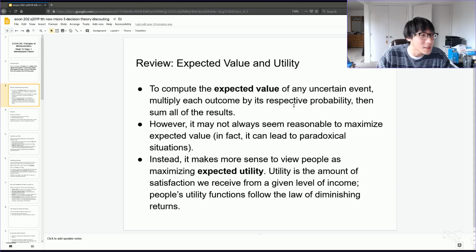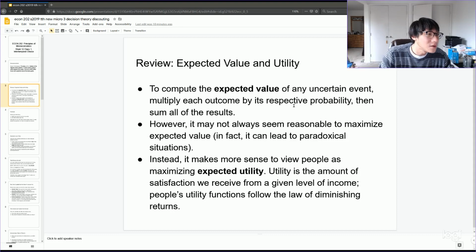And the utility associated with a given amount of income or a given amount of money shows the law of diminishing returns. Okay, and so I might be constantly receiving more money in some situation, but if I were to look at how much my utility is increasing in that same situation, it wouldn't be increasing linearly with the amount of money I receive. Instead, my utility would still go up as I get more money, but it would flatten out, right? And I would receive less and less utility over time.